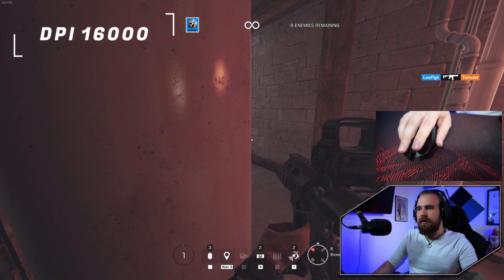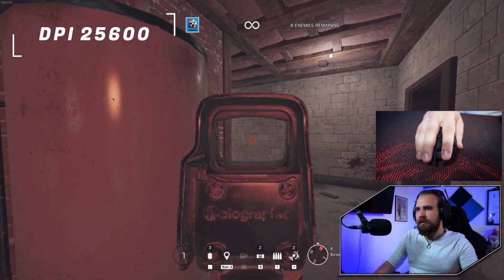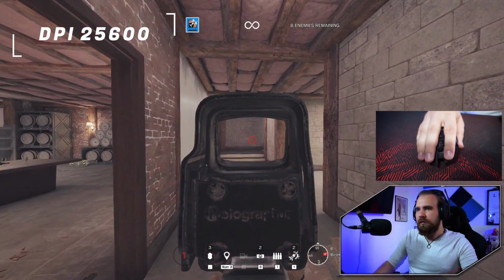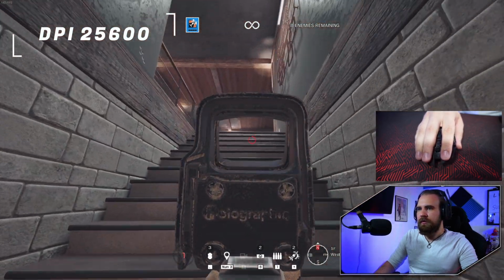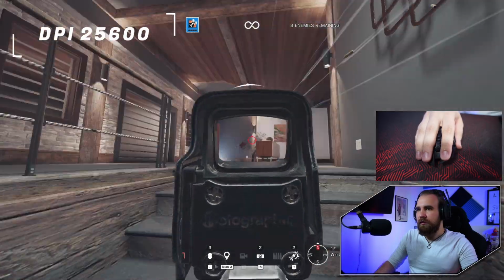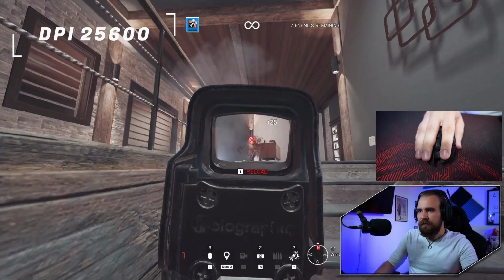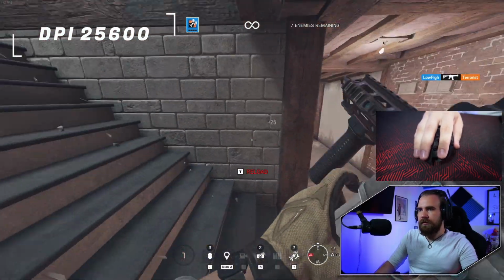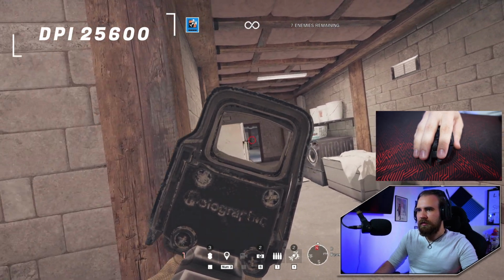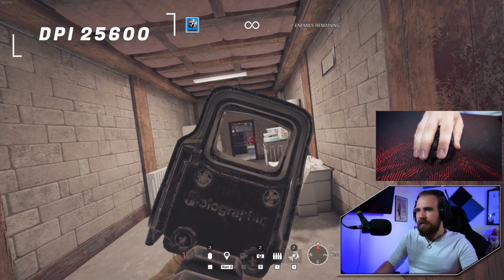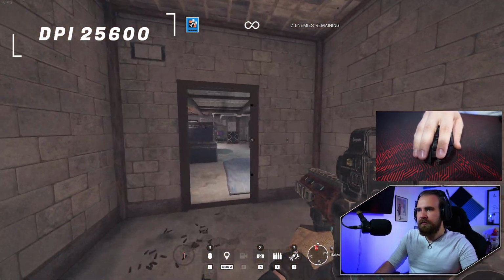And because that's not enough, here we are now at 26,000. You can just look at my hand movement compared to anything before, especially compared to 400. Not a lot to say in regards to the usability of this.